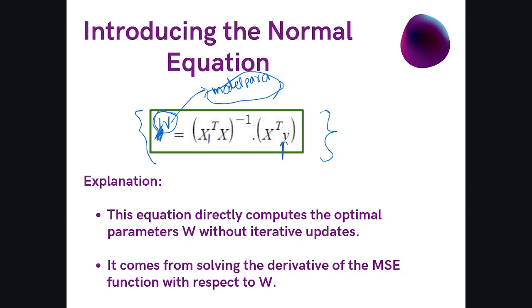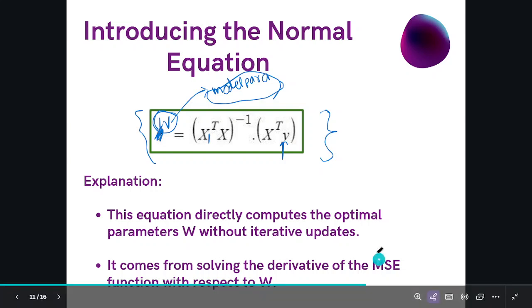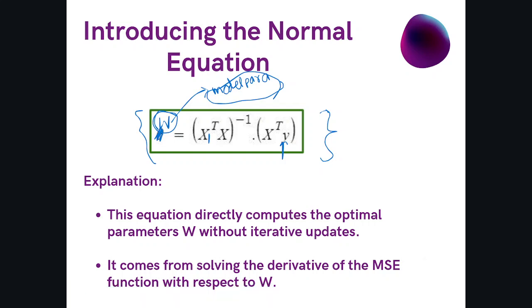The normal equation comes from solving the derivative of the MSE function with respect to w. I've just said earlier that we have to find the derivative of the MSE function, and then make it equal to 0, and then we will get our best fit model parameter to find our best fit line. Yes, so let's see how.